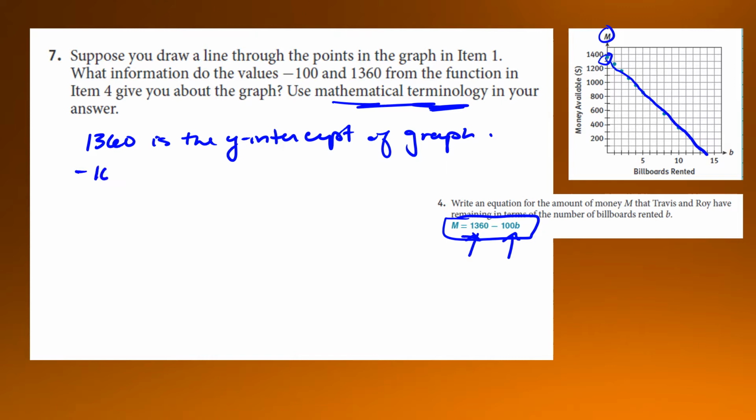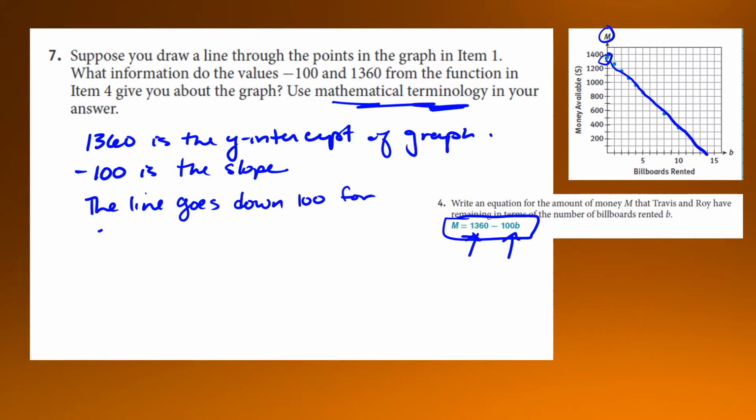And negative 100 is the slope. The line goes down 100 for each one billboard.